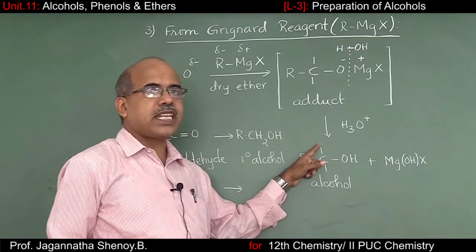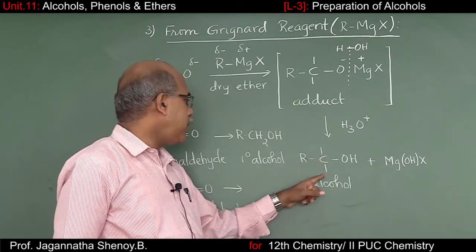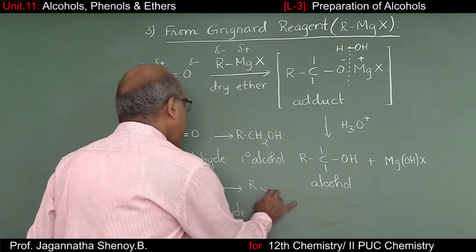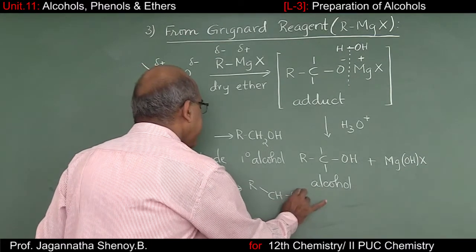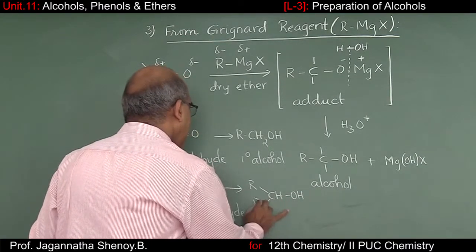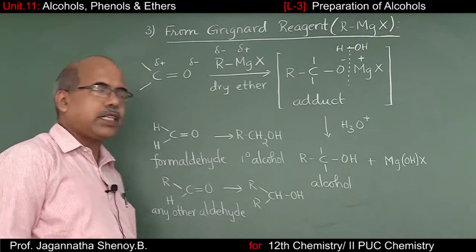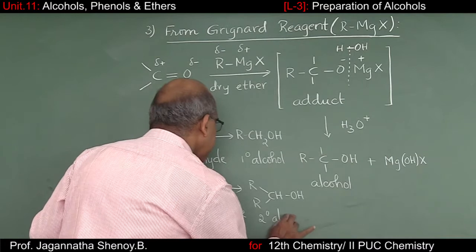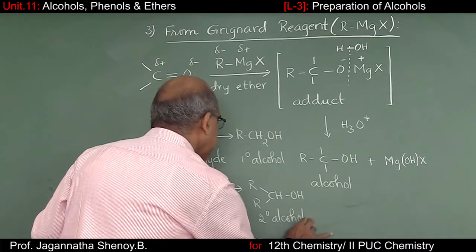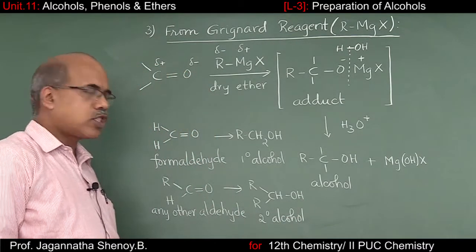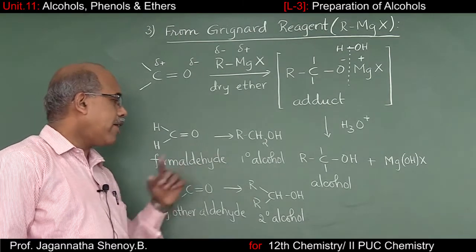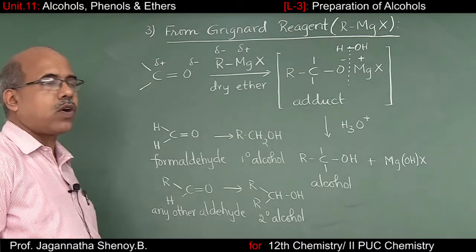One bond will be satisfied by R, another will be satisfied by hydrogen. So what I get is this molecule. And which type of alcohol is it? It is a secondary alcohol. So if you start from any aldehyde other than formaldehyde, we will get a secondary alcohol.